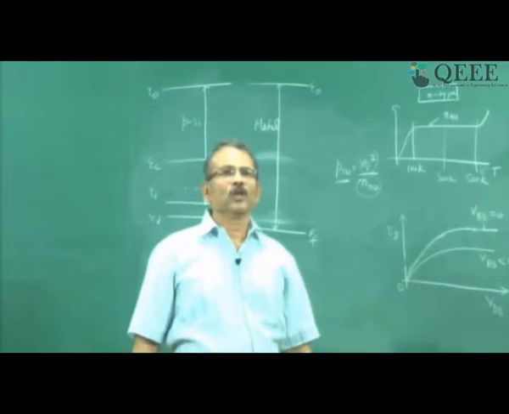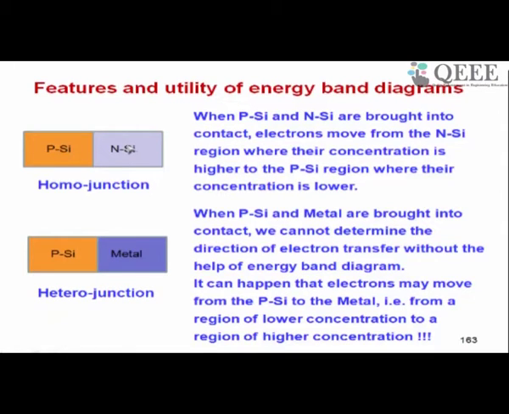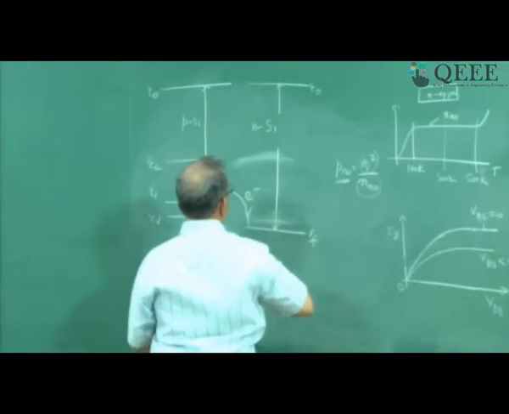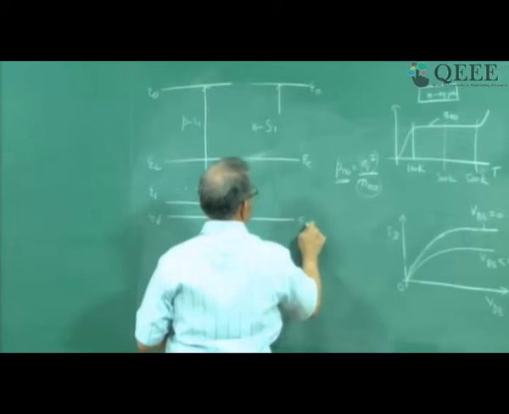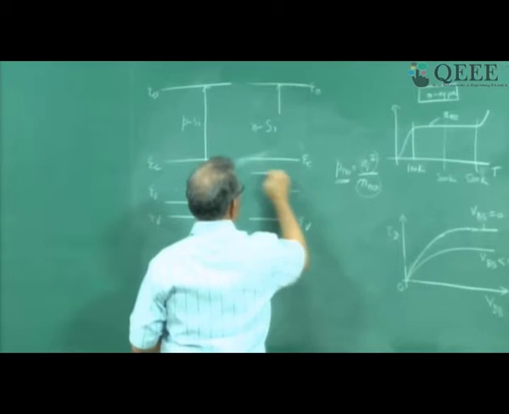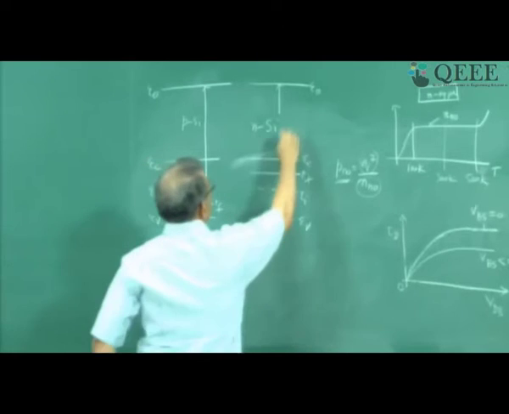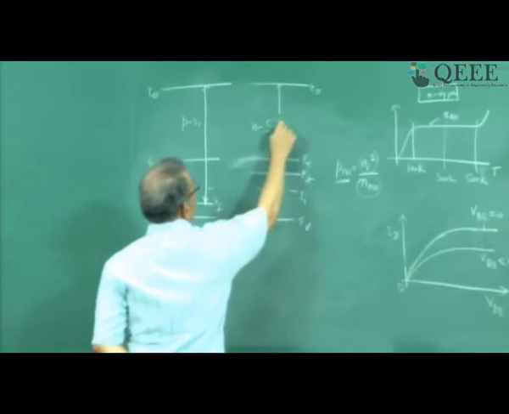Now you will say, so why not use the energy band diagram for a homojunction also? That is the first case. Well, you can, and the result will be whatever you predict from concentration. If I were to replace this by n-type silicon, then your picture will be as follows. N-type silicon Fermi level is higher than EI. The difference between E0 and EC on both sides will be the same because both are silicon, right?